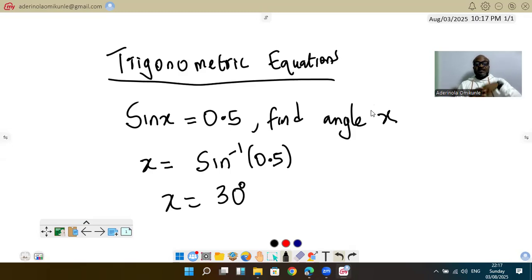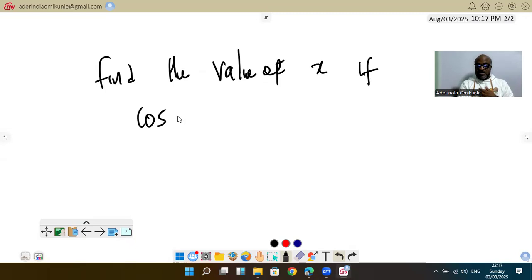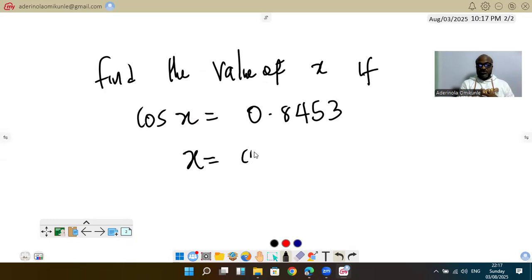It can be the same thing for cos. Take for example, find the value of x if cos x is equal to 0.8453. Practically the same thing. To get the angle, you just do the cos inverse of 0.8453.